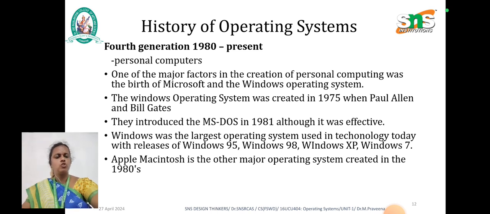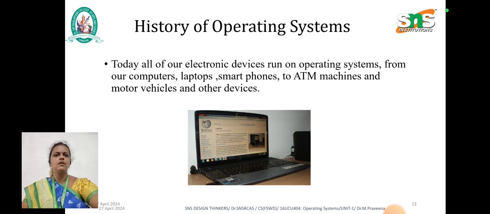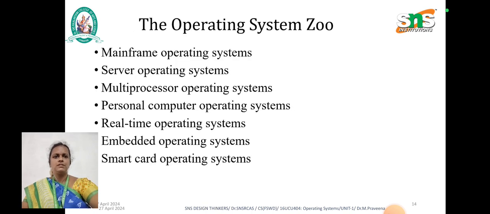Windows became the largest operating system used in technology today, with releases of 95, 98, XP, 7, 10 and so on. Apple Macintosh is the other major operating system created in the 1980s. Today, all of our electronic devices run on an operating system, from computers, laptops and smartphones to ATM machines, motor vehicles and many other devices.